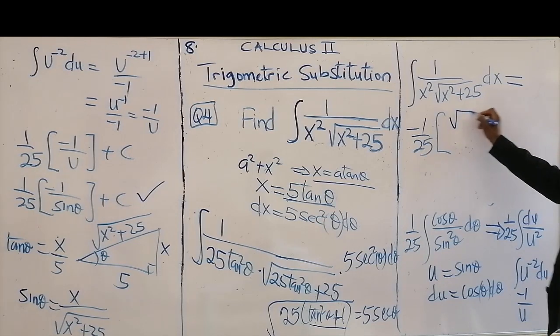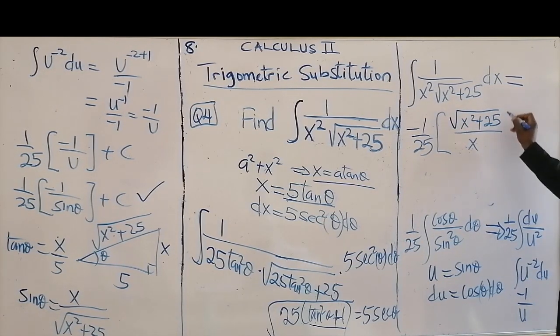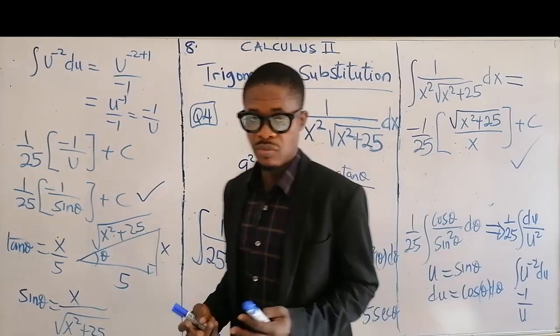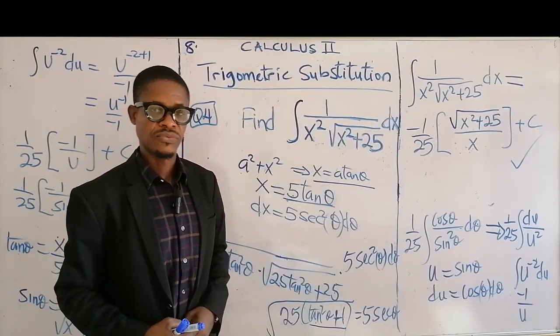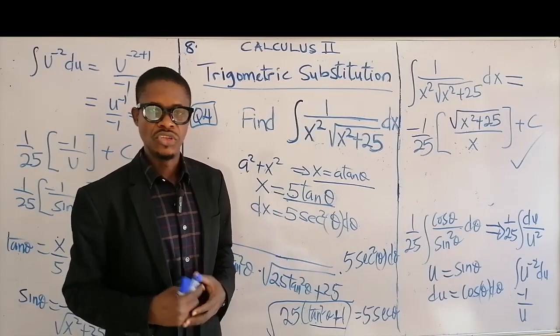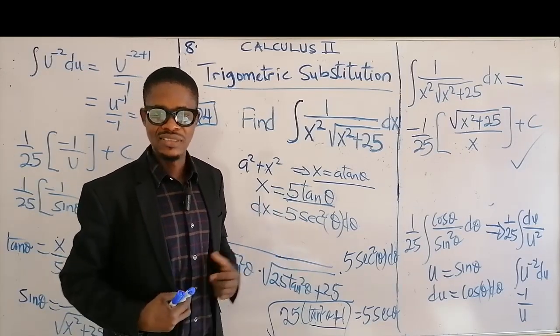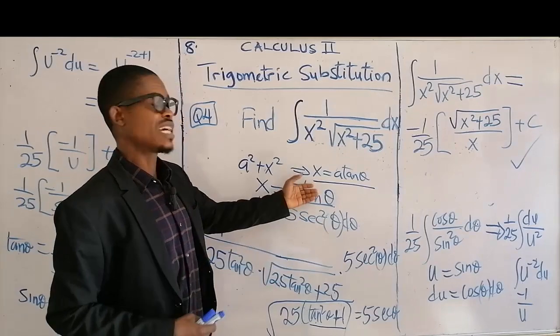Then we have the square root of x squared plus 25 over x, plus c. And that's that on that question. The thing is that you should be able to spot your trig substitutions very well, and then you're able to use your identities and algebra. So that's that on this question.